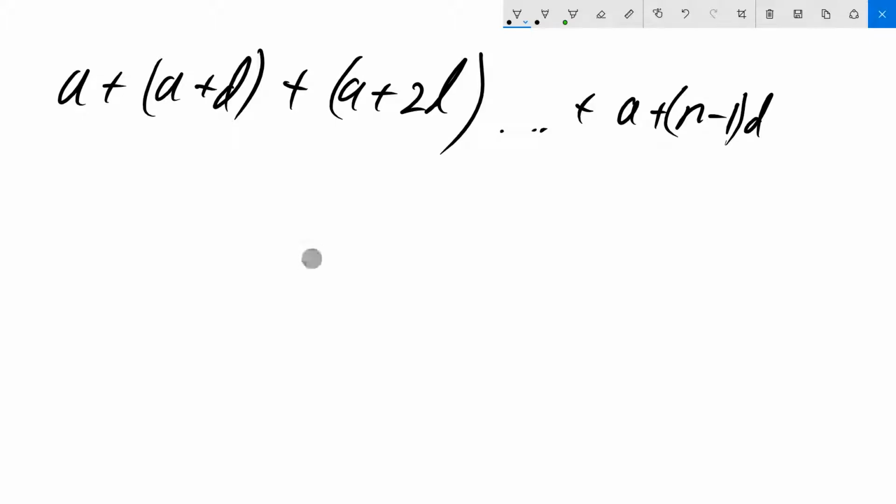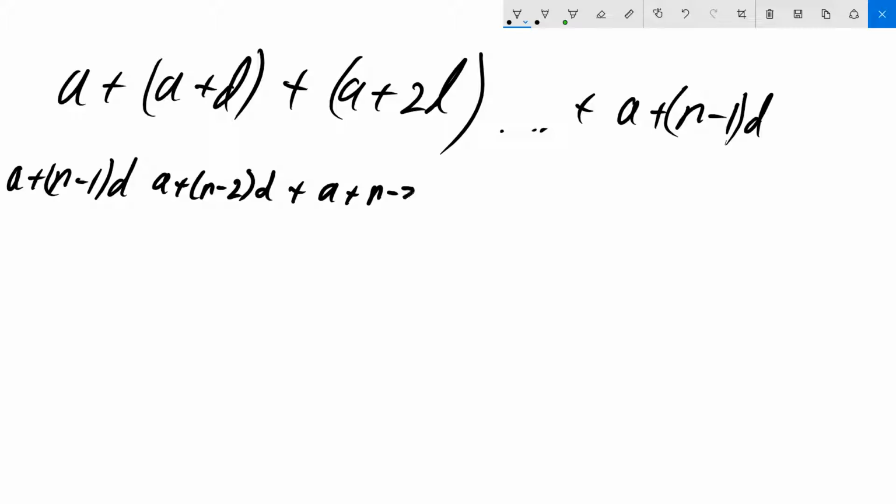And now I'm going to add it to itself, but I'm going to do it backwards. So it's going to be a plus n minus 1 d, and then a plus n minus 2 d, plus a plus n minus 3 d, and so on all the way to a.